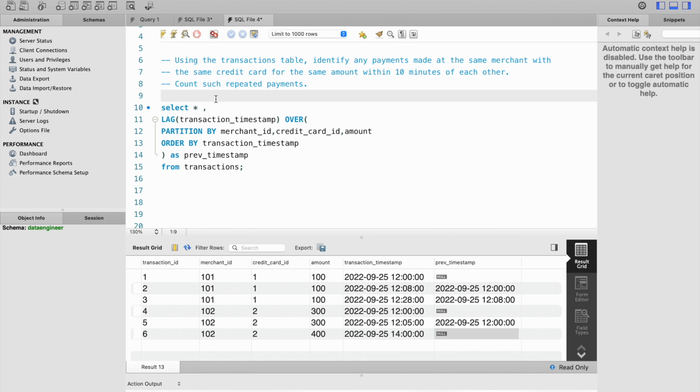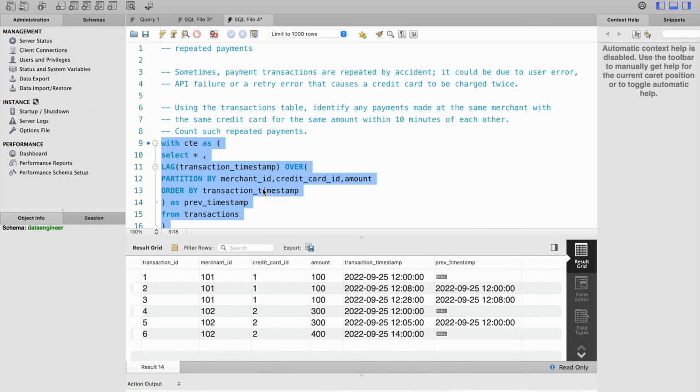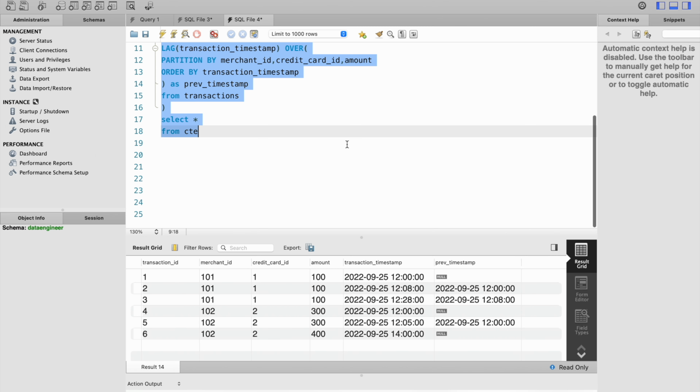Let's put this entire thing under a CTE and select star from the CTE. This is the same result. Now we have to take the difference of the time.